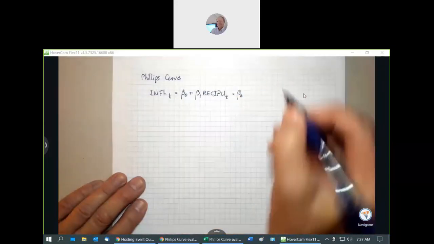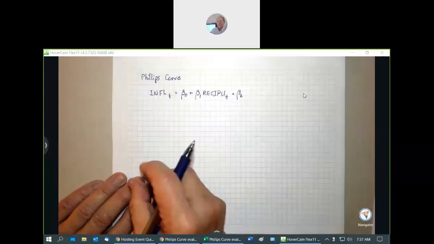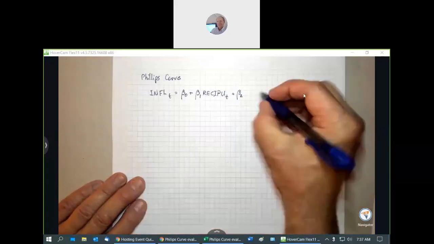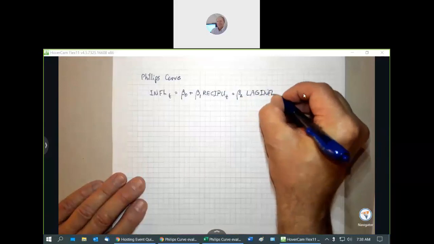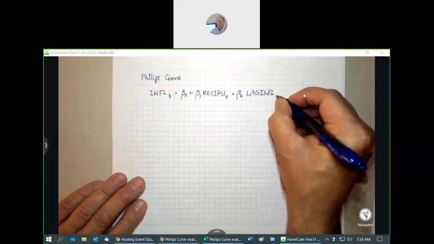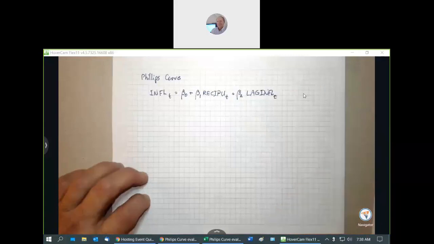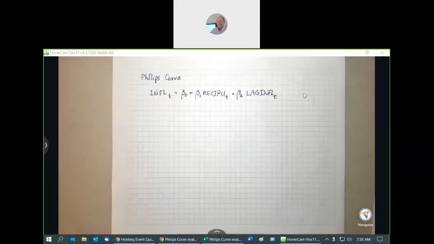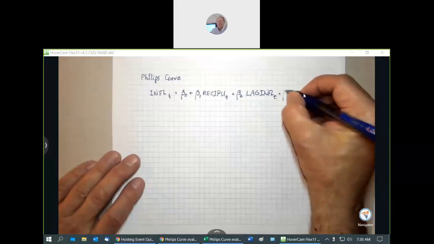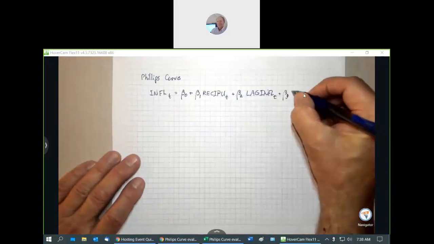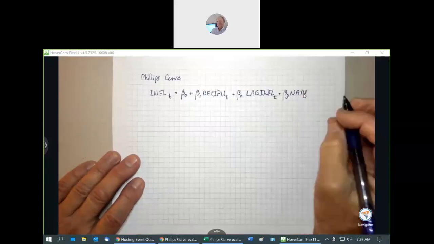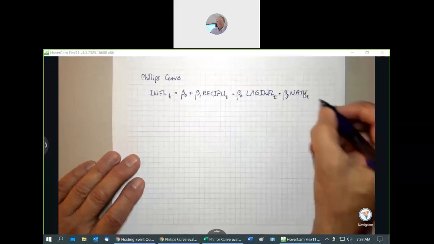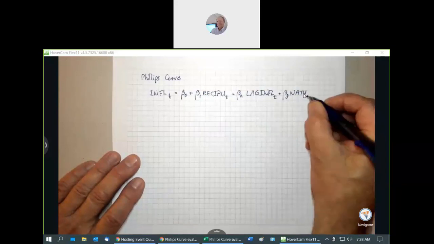Now, in order to hold other things equal and in effect shift the Phillips curve, we're going to need the lagged inflation rate. The lagged inflation rate is going to be the inflation rate from the previous period, because of persistence in the inflation series. There's also good reason to believe, here's the beta 3, that the natural rate of unemployment in time t would affect the position of the Phillips curve.